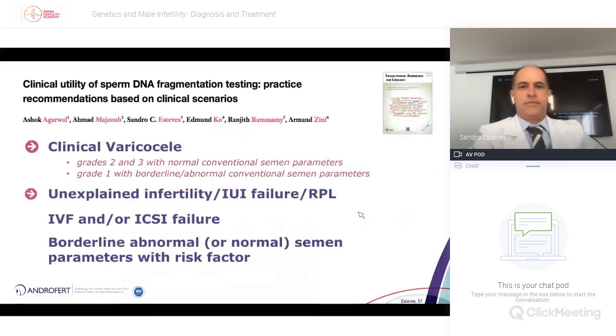This is why I do think we need to consider ordering sperm DNA fragmentation testing, at least in these 4 different scenarios listed there. The first one is clinical varicocele, palpable varicocele.